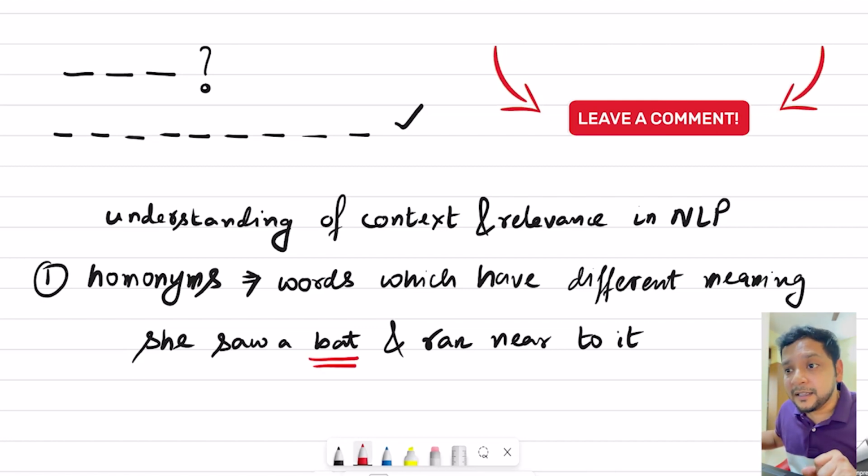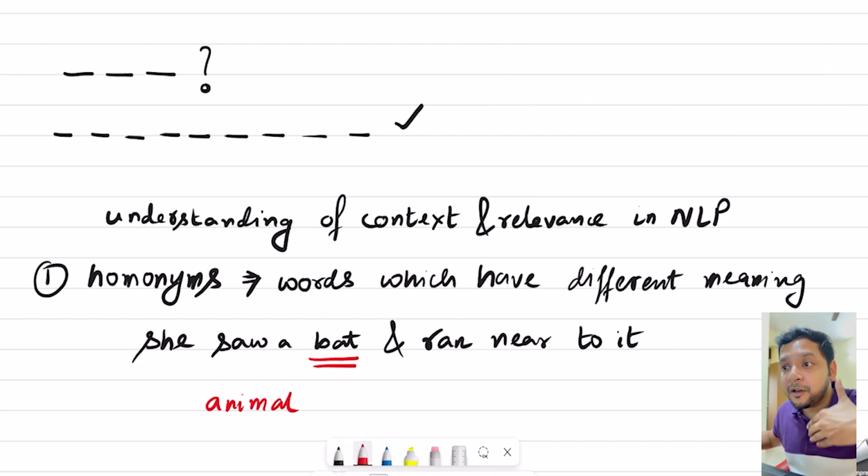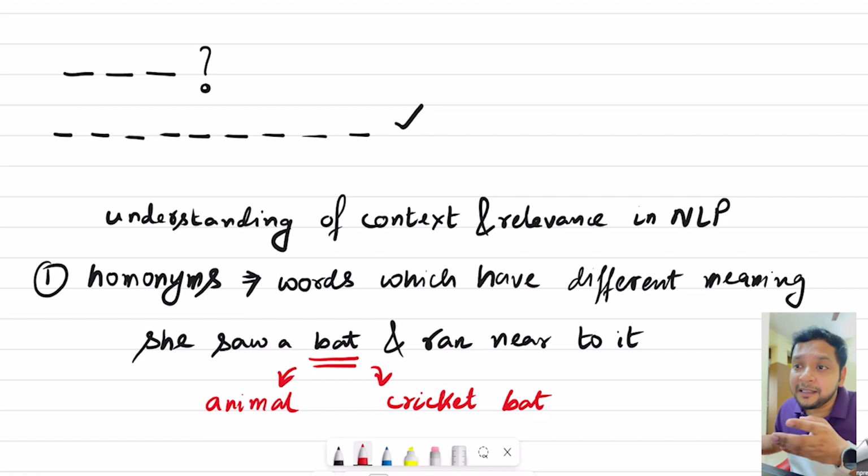It can be an animal, so she saw a bat which is an animal and ran near to it. Or bat can mean an actual bat, with which you play cricket, so it is a cricket bat. These two meanings are different. So it means that she saw a cricket bat and ran near to it. This word has two meanings, and as a result the sentences have different meanings.